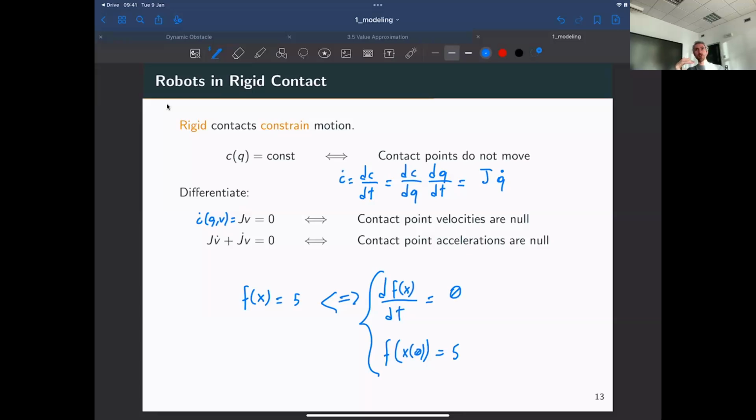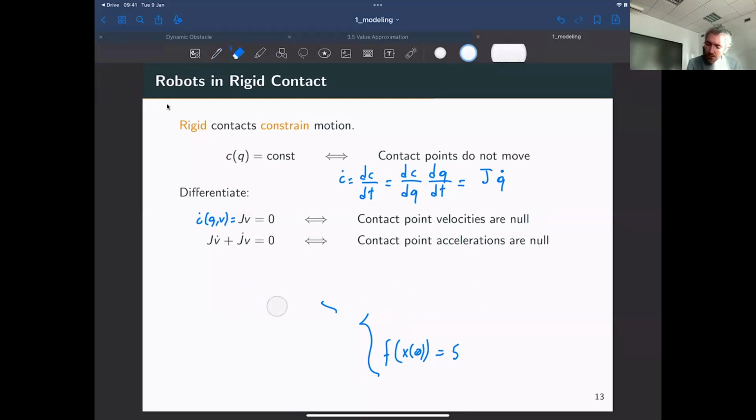Because we are working on the second derivative, so the acceleration. So we impose that the accelerations are 0, and we need to make sure that the position and the velocities at the beginning, when we start imposing the accelerations, are at the correct value, which is 0 for the velocities, and well, whatever for the contact points. So that's how we can use the constraints on the accelerations instead of those on the positions.